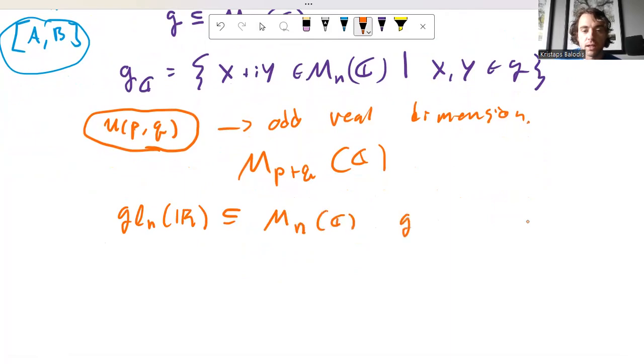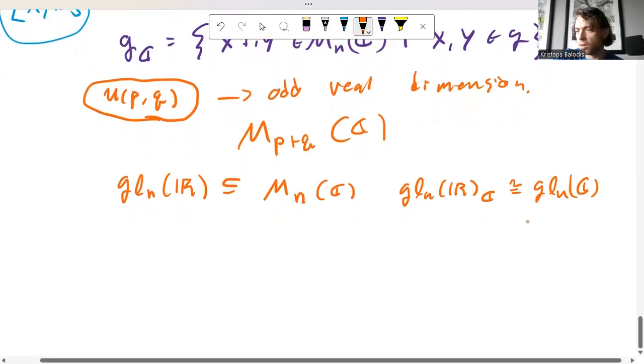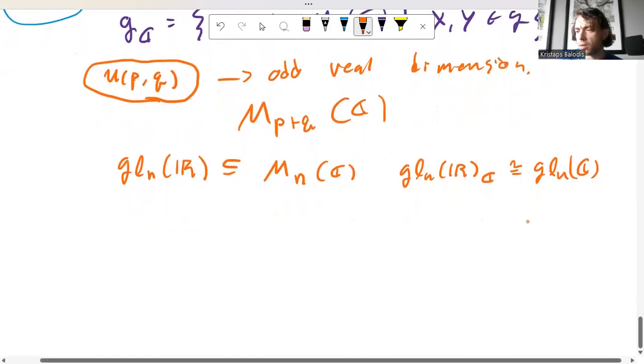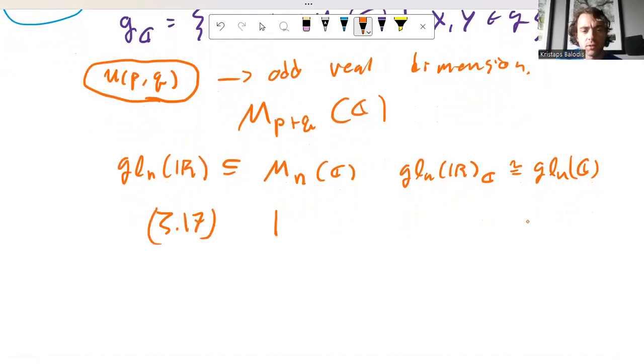And then, as you might expect, the complexification of gl(n,R) is isomorphic to gl(n,C) as a Lie algebra. You can find the proof of this in 3.17 of Hall.